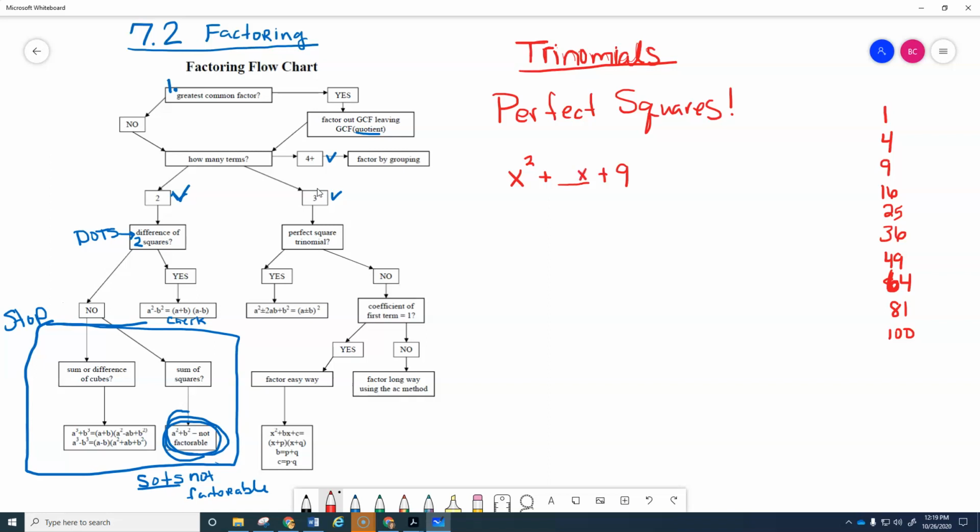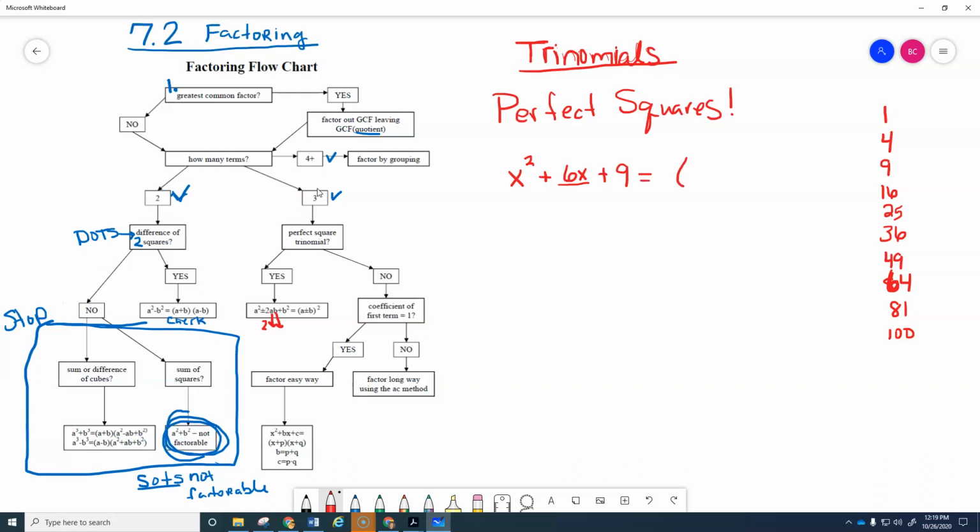The root of this is 3, and 3 times x times 2 will give me 6x. This says the root of the first one, that's the x part, the root of the second one, that's the 3, and then we've got to multiply it times 2. Okay, so that is a perfect square.